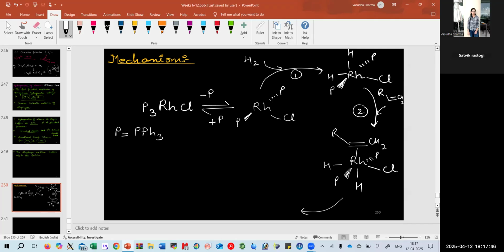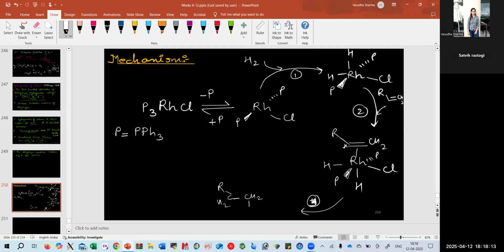Now, when you have this, your alkene is going to coordinate and insert into your rhodium-hydride bond, and therefore one hydride is going to be transferred to this position. So ultimately, it would be forming RCH2CH2.